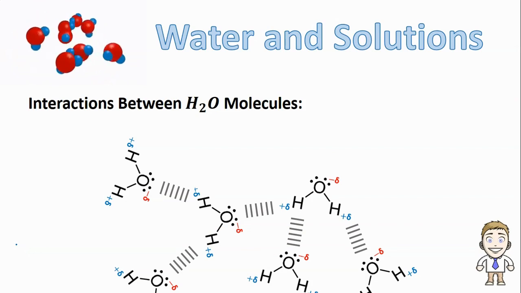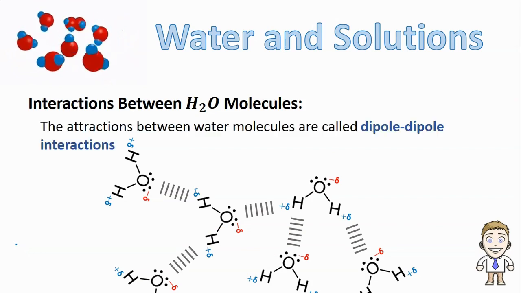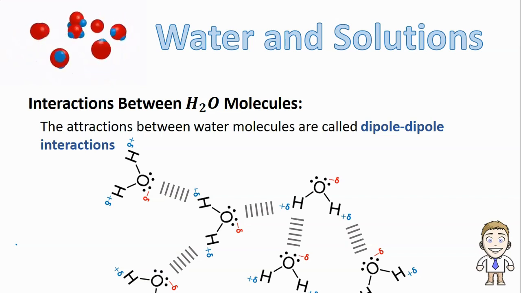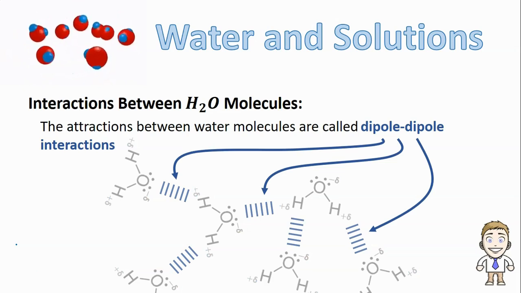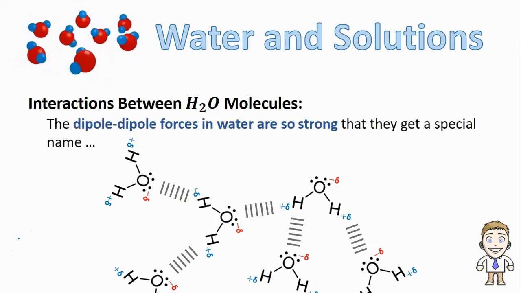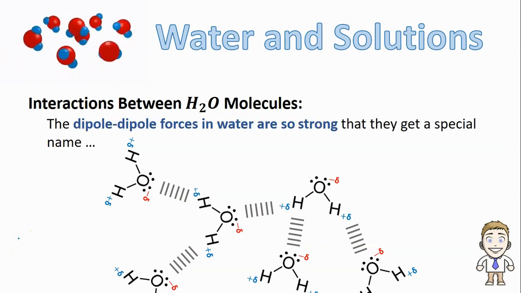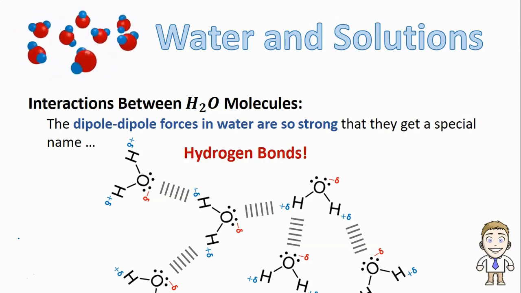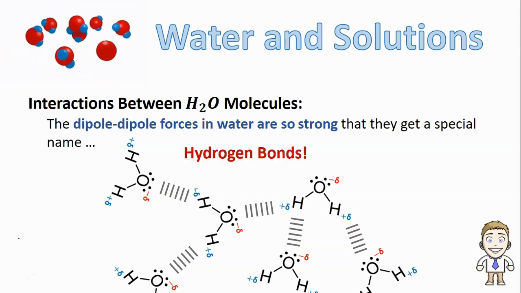And the last important detail for this video is that the interactions between H2O molecules have a name. These attractions are called dipole-dipole interactions, and they're labeled here on this model in blue. But that's not the only label that they get. The dipole-dipole forces between water molecules are actually so strong that they get a second name, a special name for significantly strong dipole-dipole forces, and these you might have heard of before.